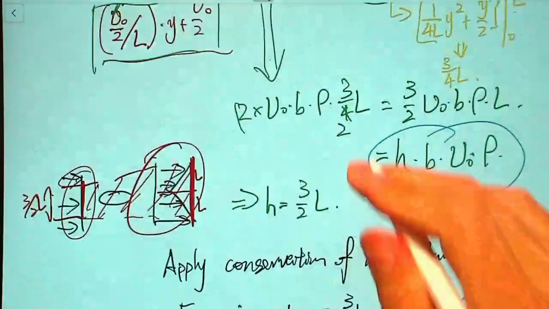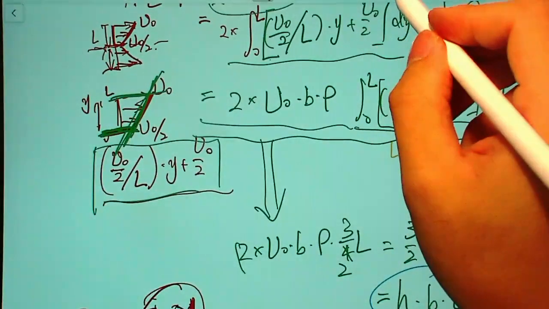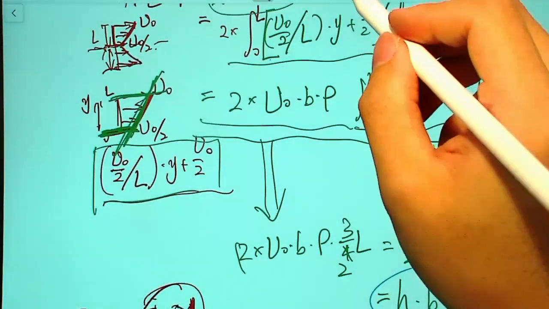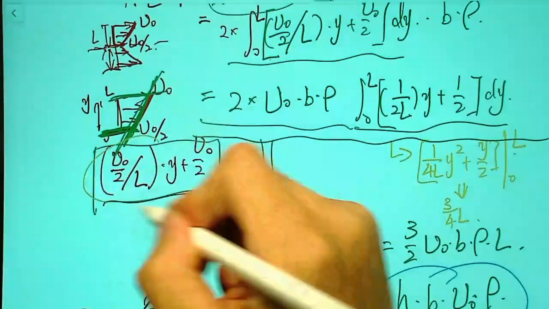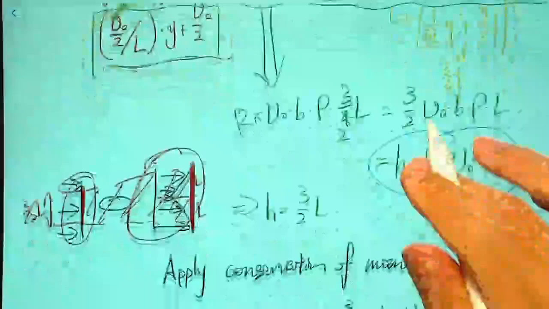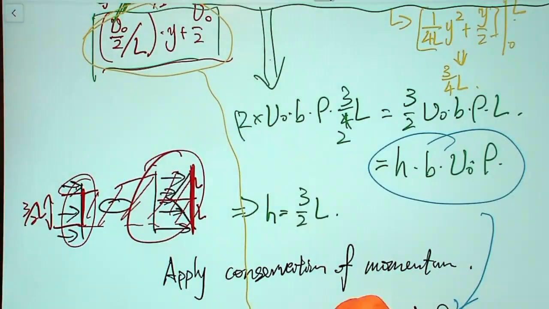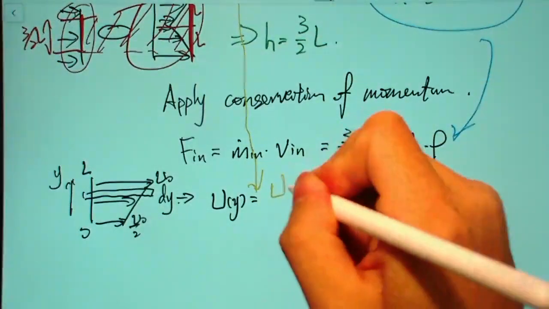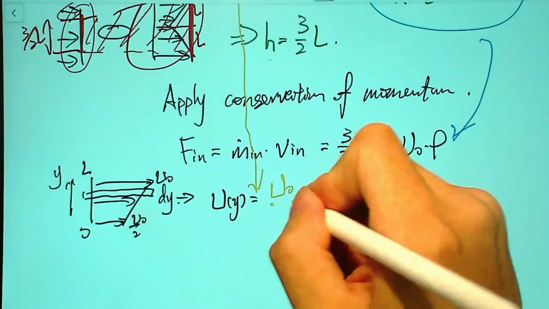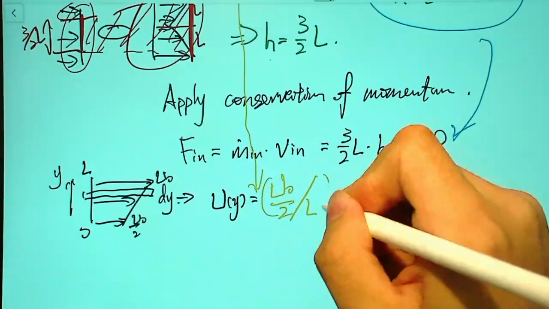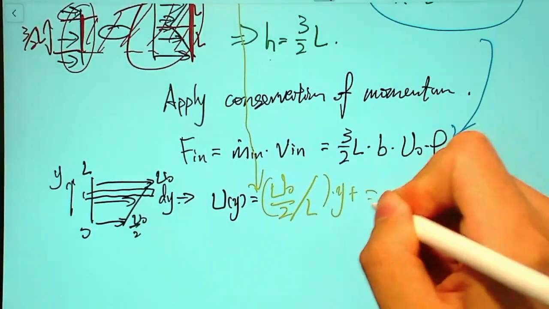again, following the relationship. Let me change the color. If we follow the relationship as this one, right? So it gives the velocity profile as U0 over 2 divided by L times y plus half U0.